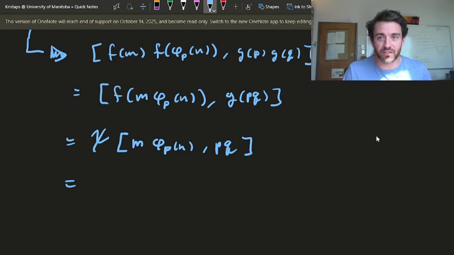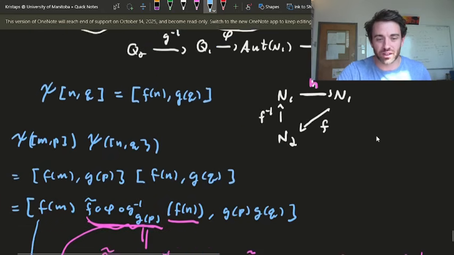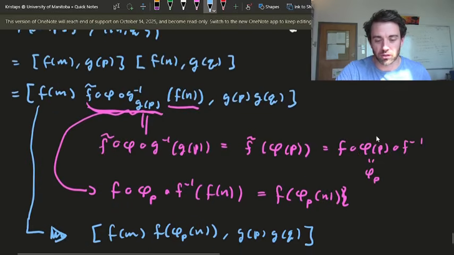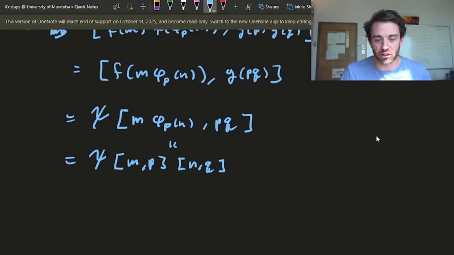But finally, this is psi of mp times nq, where remember this internal thing is happening with respect to the semi-direct product of N1 and Q with respect to phi. So that is exactly this product here. And that verifies that psi is a homomorphism.